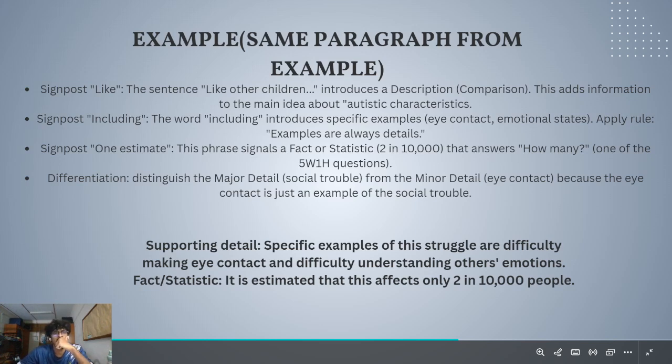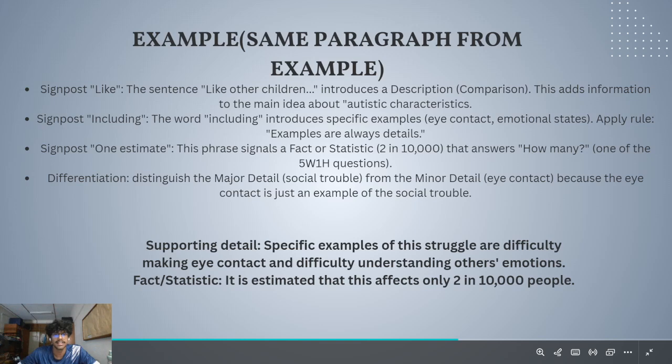Next, the word "including" introduces specific examples. Examples are always details. Next, "one estimate." This phrase signals a fact or statistic that answers how many, which is one of the 5W1H questions. And next, the differentiation.